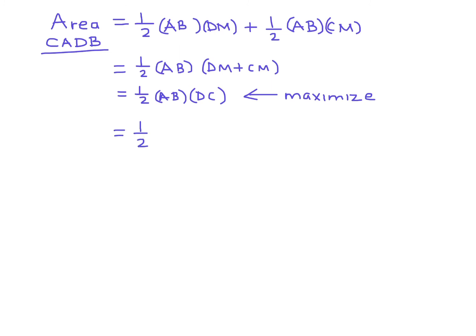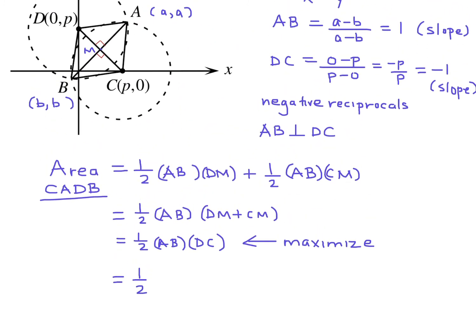Okay, let's figure this out. 1/2 AB. For the coordinates of A, I'll keep it in until I get the coordinates. For AB, the length of that line, we have to use the distance formula. So it's going to be A minus B squared plus A minus B squared, all under the square root sign, right? That's the distance formula if you have 2 points.